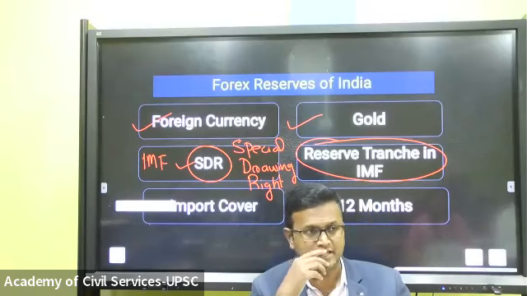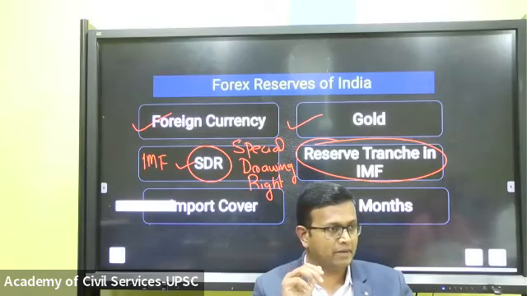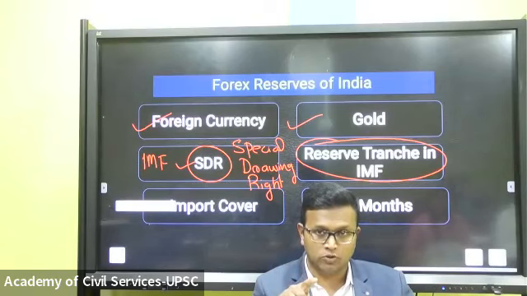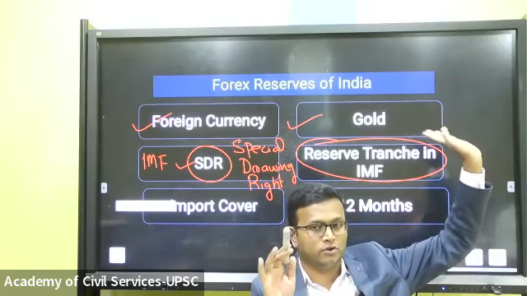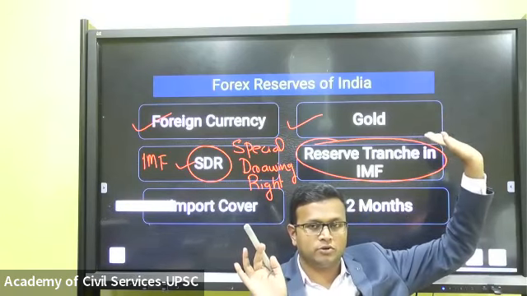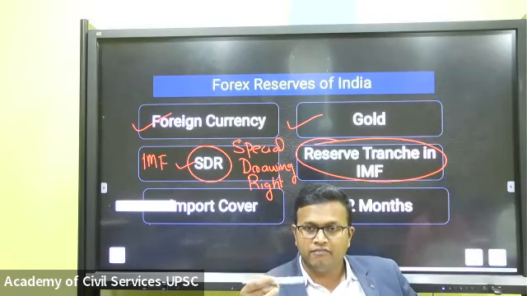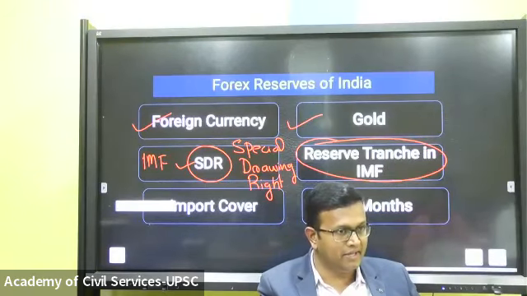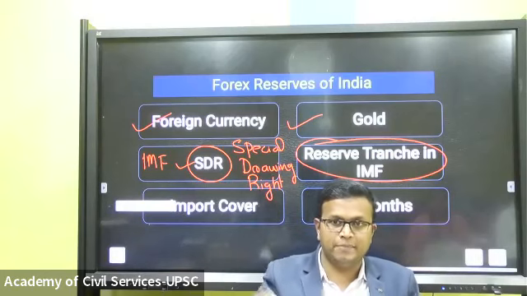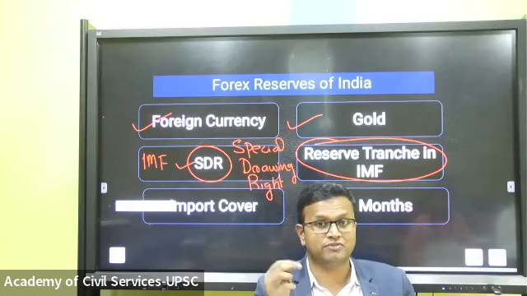One benefit we have is that in future, if the Government of India needs to borrow some money from IMF, up to 100 crore dollar, because we have a reserve tranche of 100 crore dollar, when we are borrowing from IMF up to 100 crore dollar, we don't need to pay any interest because we are borrowing our own money. If the borrowing exceeds beyond that, then we need to pay interest. That is called the credit tranche from IMF.